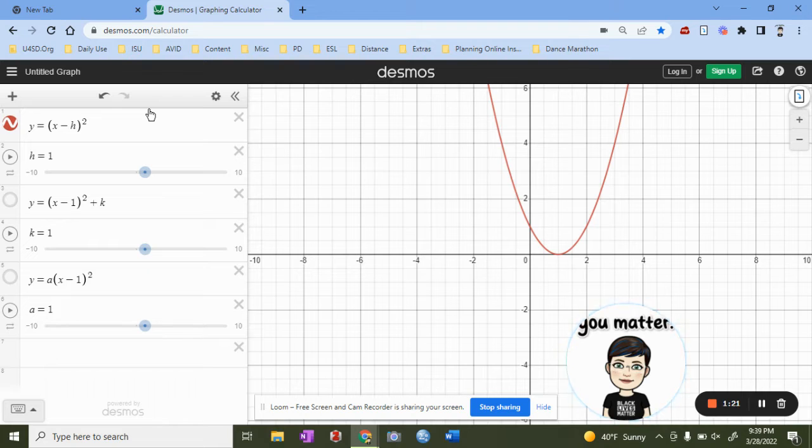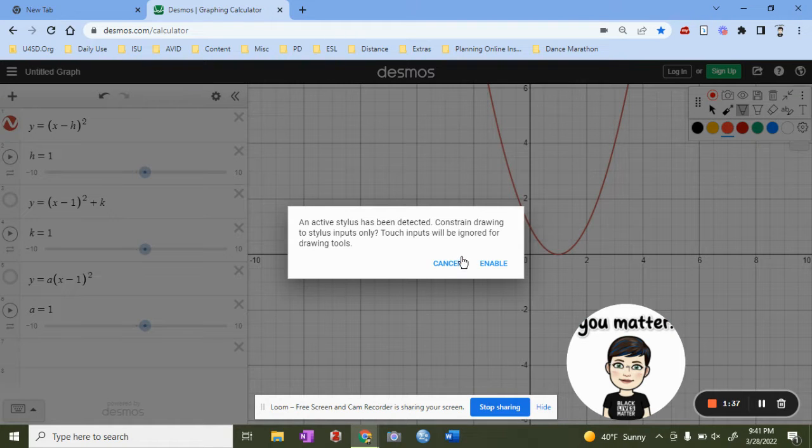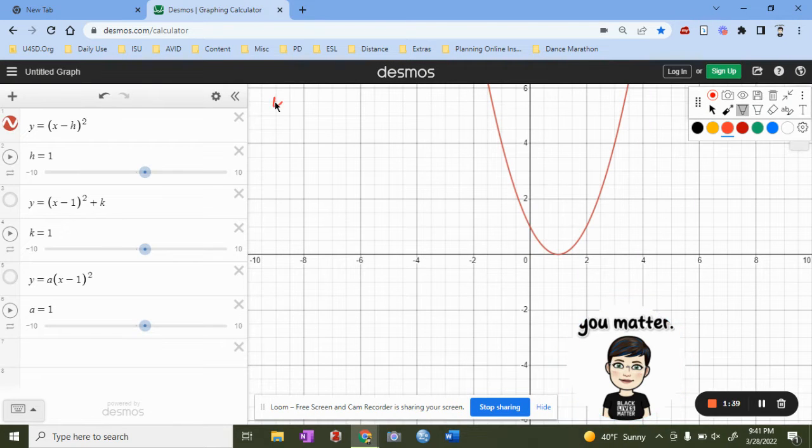First, I want to review the idea of vertex form. So before we begin, I want to remind you of our vertex form. So we have y equals, what we've seen before, x minus h squared plus k.